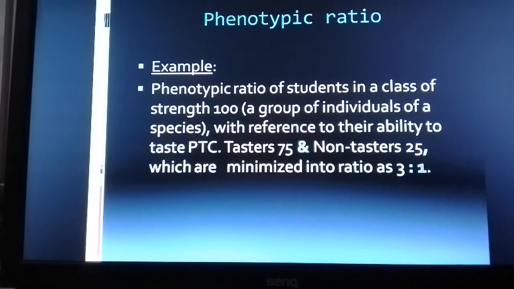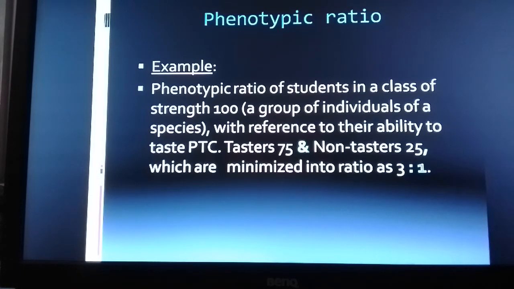Accordingly, you can define the taster phenotype, non-taster phenotype. And among the individuals of 100, if you are able to find tasters 75, non-tasters 25, you minimize the number to the possible extent. Now here you see the 75, 25 reciprocally minimized. You can tell it in terms of 3:1. If you write it in the form of ratio 3:1, that may be the phenotypic ratio of the character ability to taste.